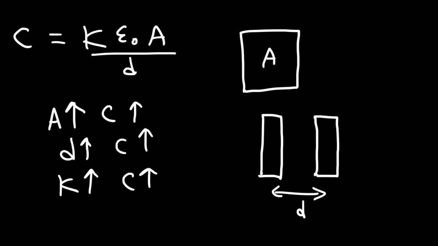Different materials have different dielectric constants. So for instance, air has a dielectric constant of approximately 1. It's like 1.0006 or something like that, but you could round it to 1. Paper, it can vary. The dielectric constant of paper could be anywhere between 3 to 8.